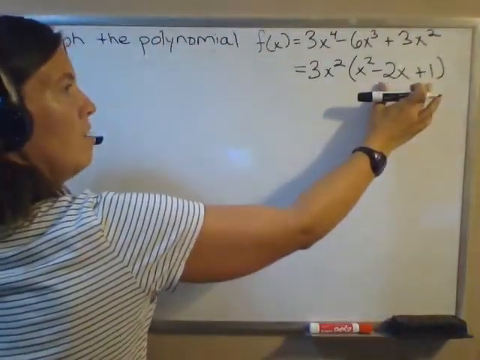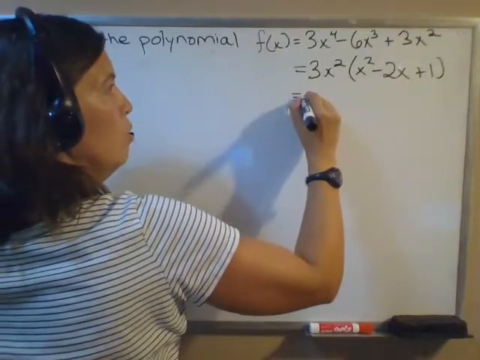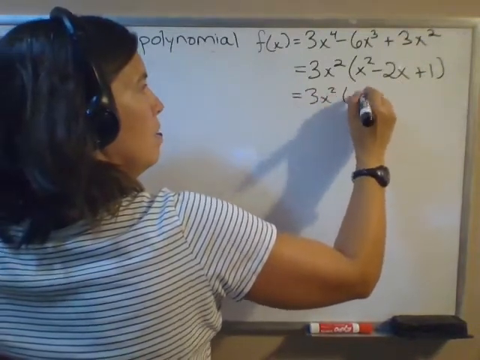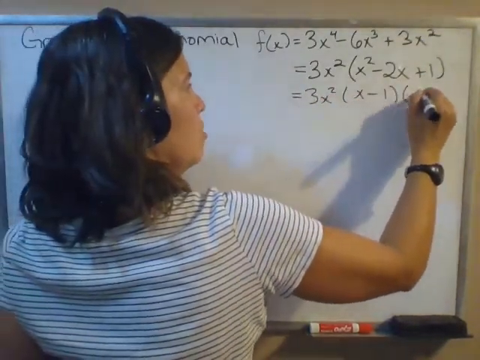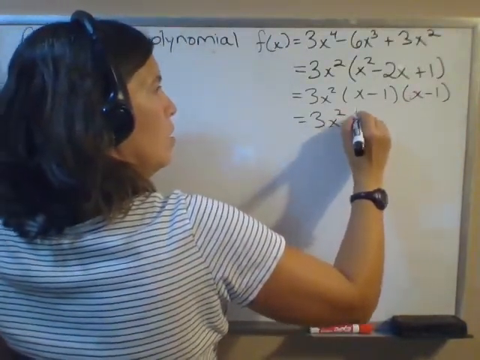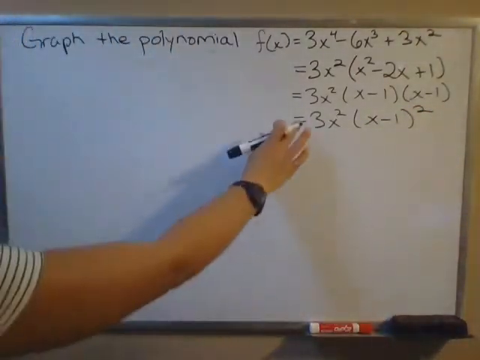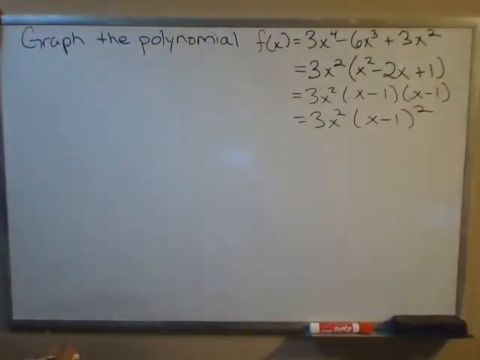So then, if we want two numbers whose product is +1 and sum is -2, that would be x minus 1 times x minus 1. So x minus 1 squared. Okay, so there's the factored form of that f of x.